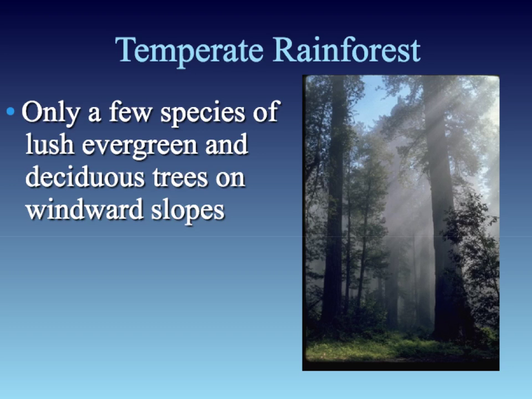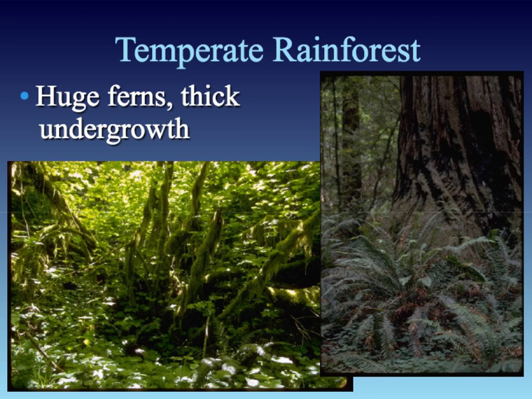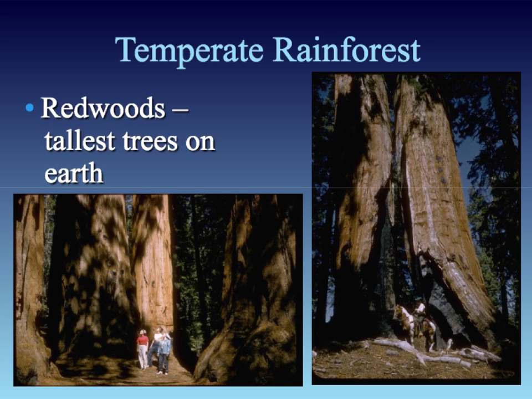There are a few species of evergreen on the windward slopes of a rainforest, but not a lot. What they do have is a nice undergrowth, meaning that the forest floor has a lot of ferns, a lot of thick undergrowth. You can also find redwoods.